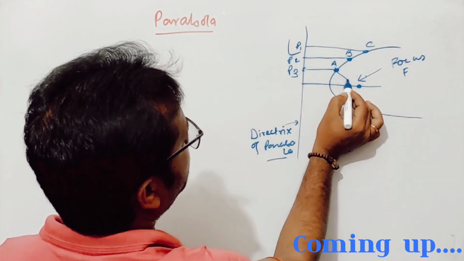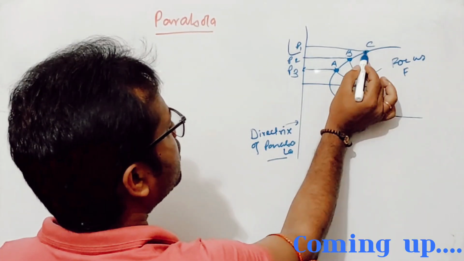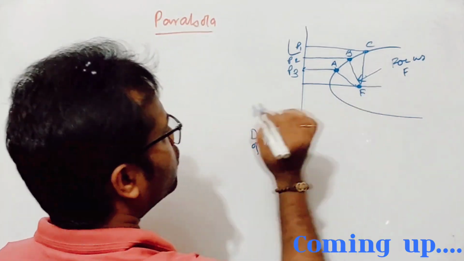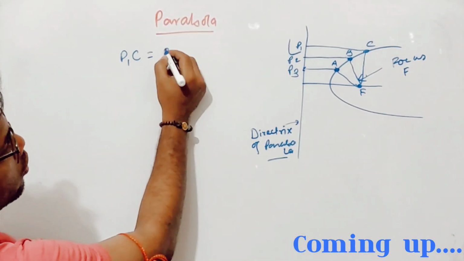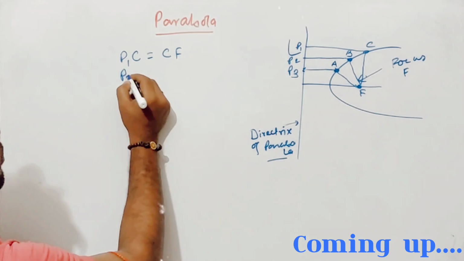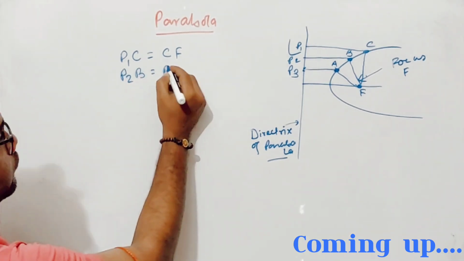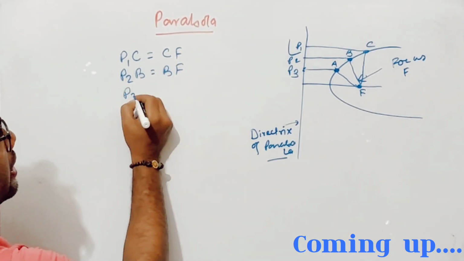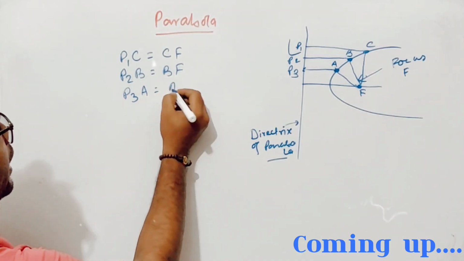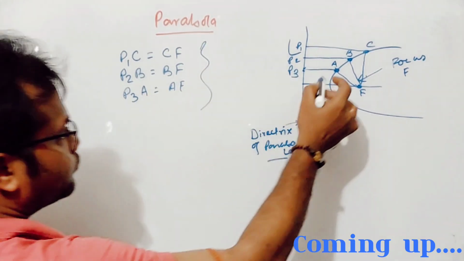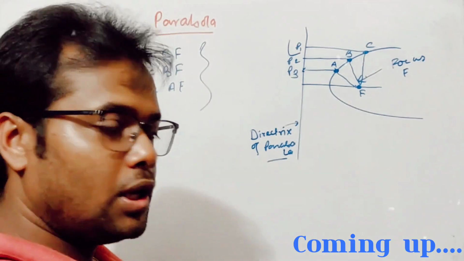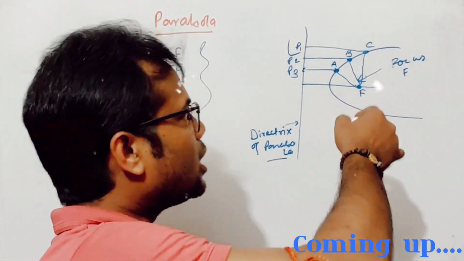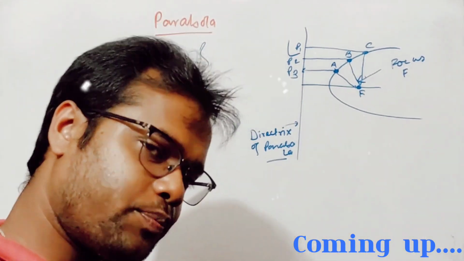If we join this also, this is F, then this must follow P1C equal to CF, P2B equal to BF, and P3A equal to AF. So any point on the parabola is equidistant from this focus and from this line.